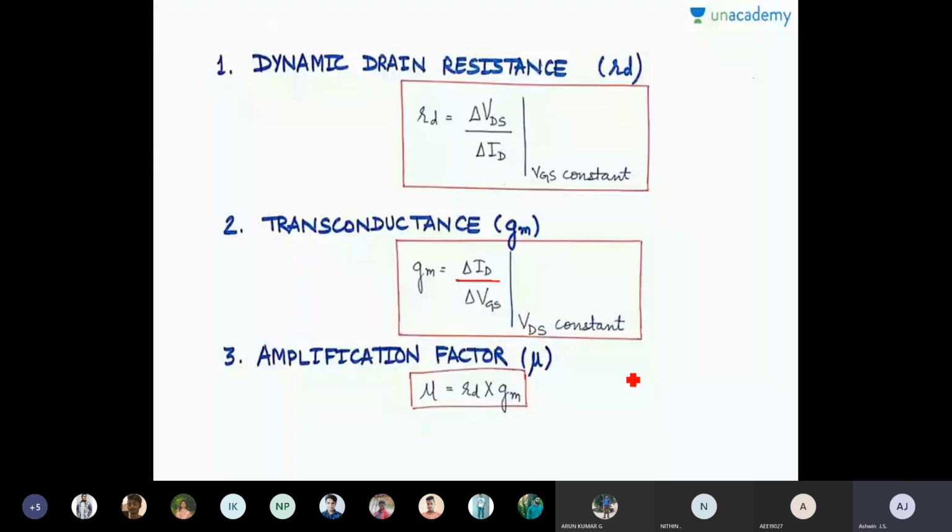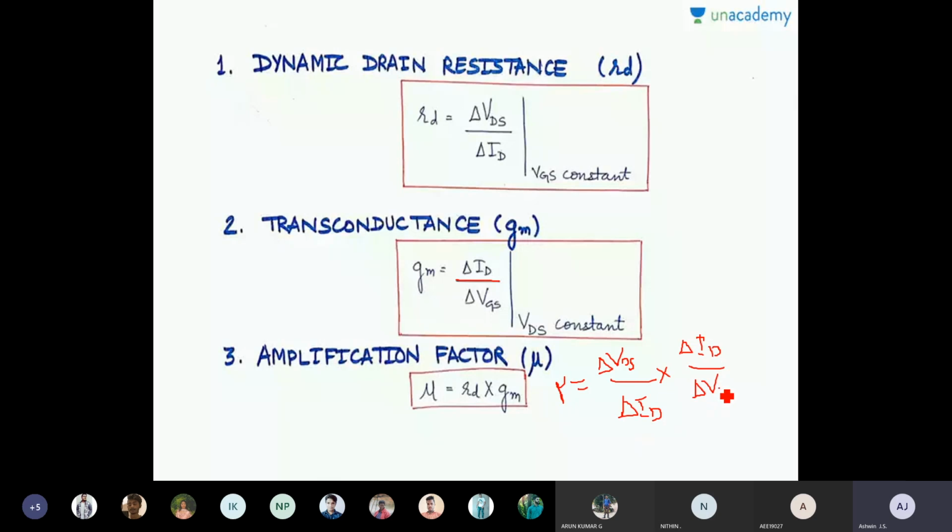So from this equation, the amplification factor is represented by mu. So mu is equal to the drain resistance, del VDS divided by del ID, multiplied by the transconductance gm, which is del ID divided by del VGS.